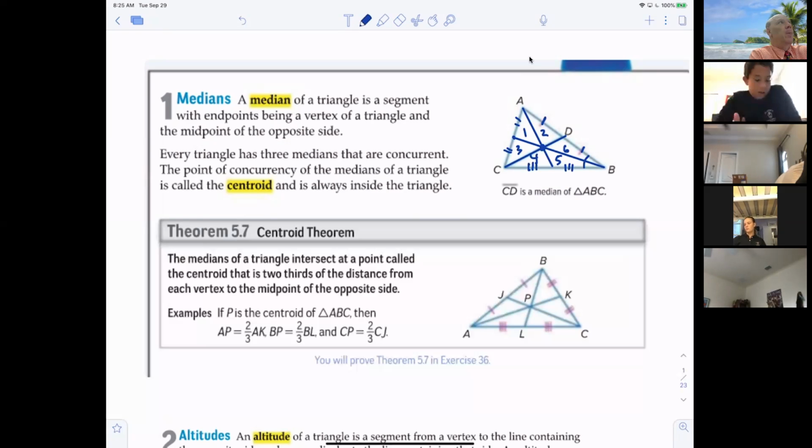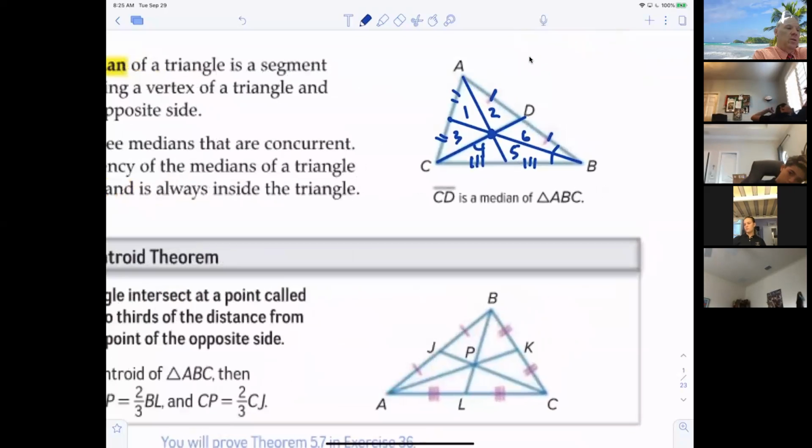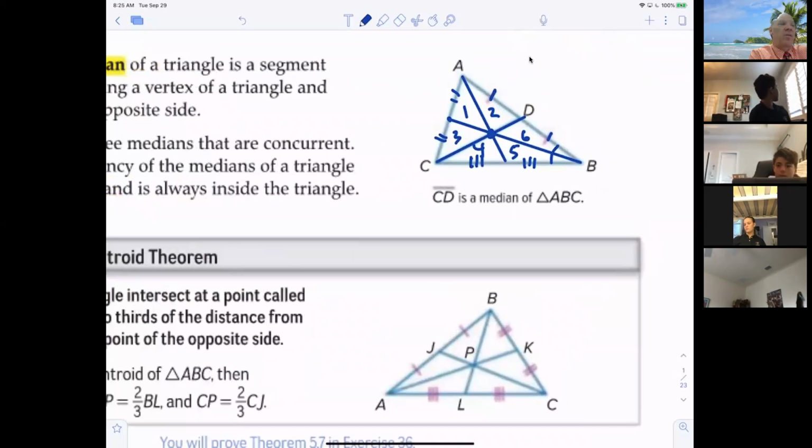All right. Now, the other thing that's interesting about the centroid is that the median is divided into parts. I'm going to erase this and all this other information so I can explain it to you. It's easier.